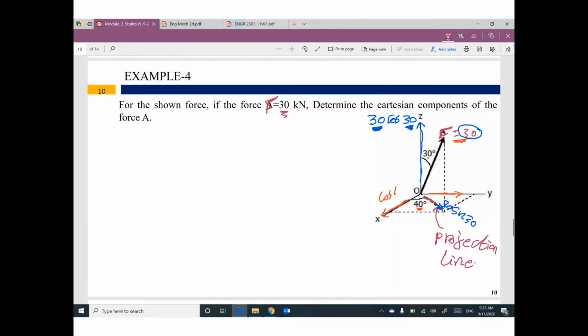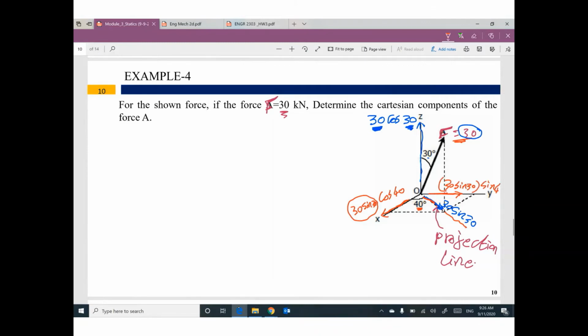Which value will be multiplied by cosine 40? The projection line. How much? 30 sine 30. This is the value. And Y component will be 30 sine 30, the projection line, times sine 40.